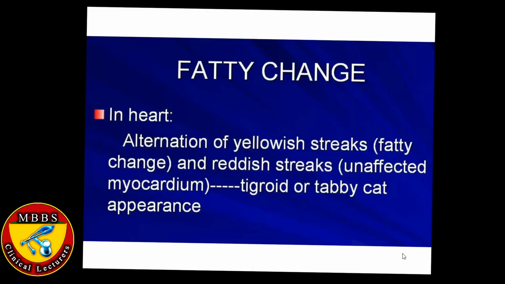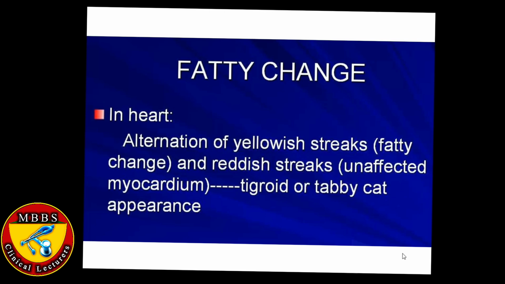When we are talking about fatty change, if we talk about the heart, you will find alternation of yellowish streaks, which are the fatty changes that occur due to fat deposition in the heart, and reddish streaks that we see in the cardiac muscle, which are the unaffected myocardium.